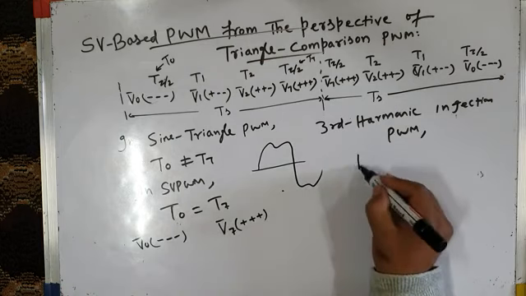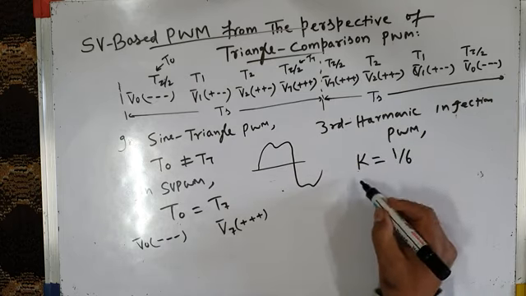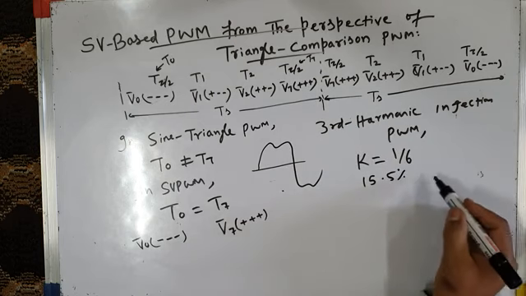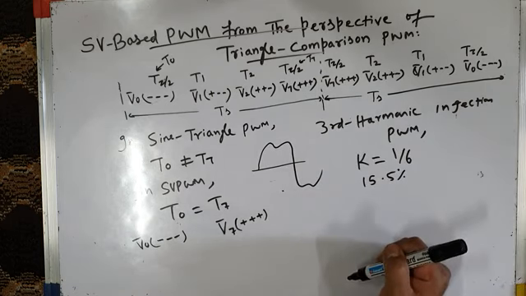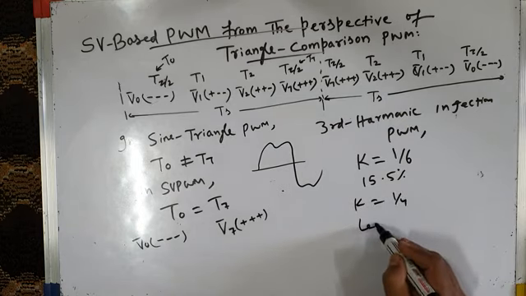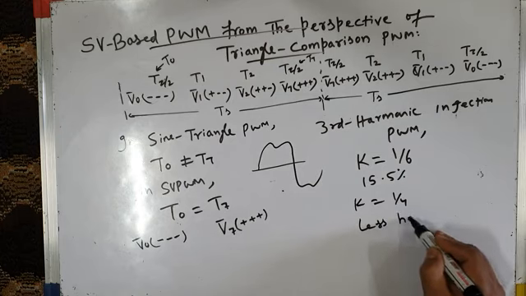Okay, and then we had two optimal values. For K equal to 1 by 6, the inverter produced 15.5% higher output voltage than sine triangle PWM. And for K equal to 1 by 4, it produced minimum harmonic distortion.